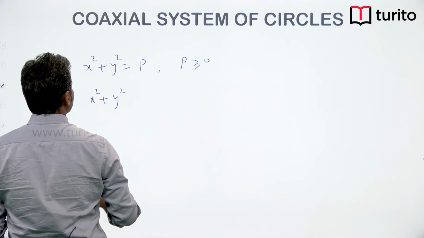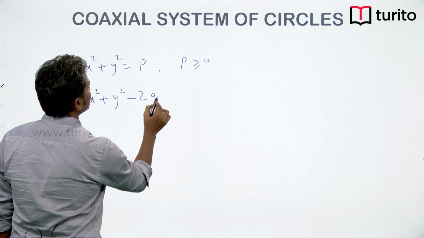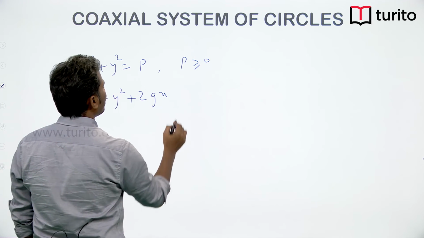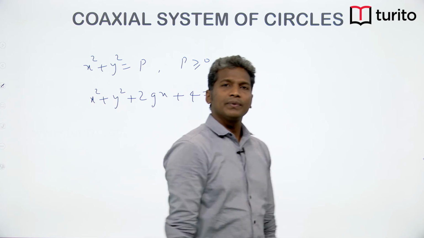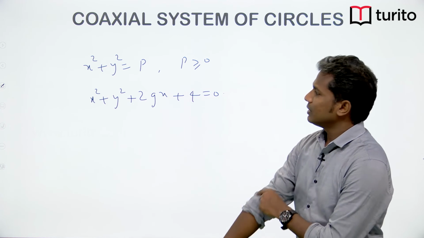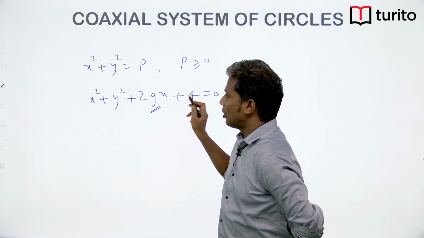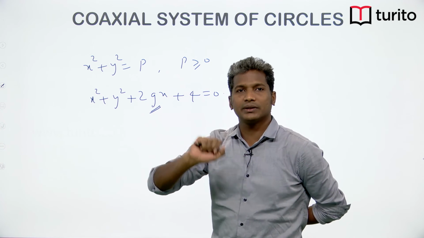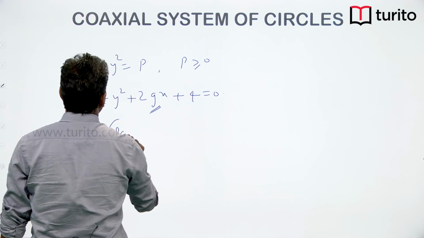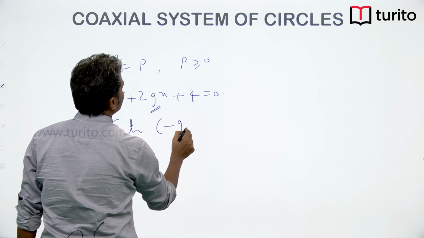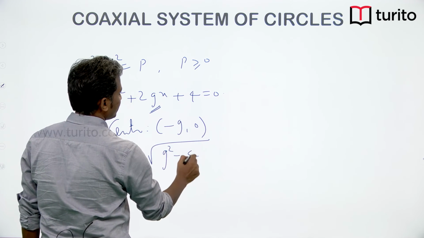Also, I can write a system of circles like this: x square plus y square plus or minus 2gx plus 4 equal to 0. Now, what does this represent? Here g is a parameter, all others are constants, but there is only one parameter. If I check the center of this circle, the center becomes minus g comma 0 and the radius becomes root of g square minus 4.